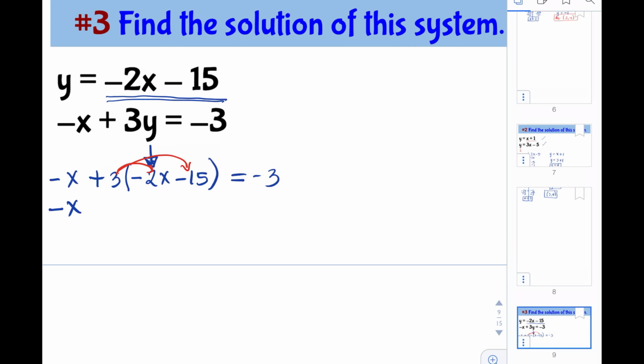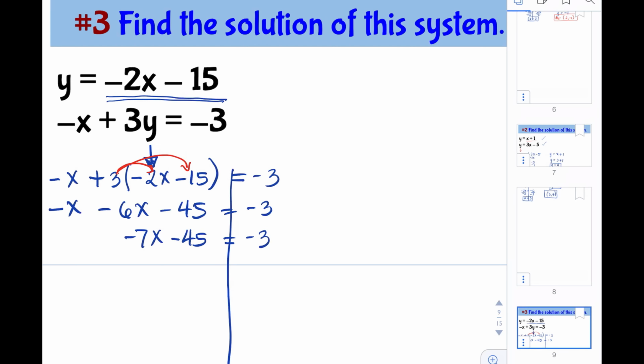So we will get minus 6x minus 45, and then we have negative 3. So negative x minus 6x is negative 7x minus 45 is equal to negative 3.